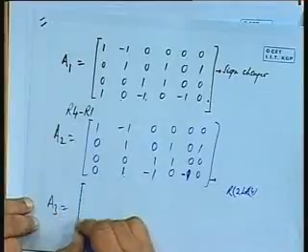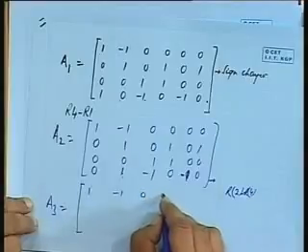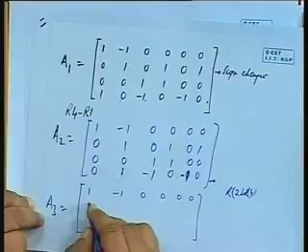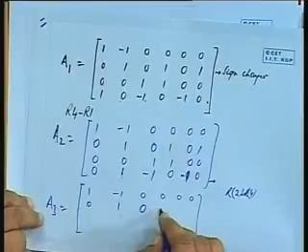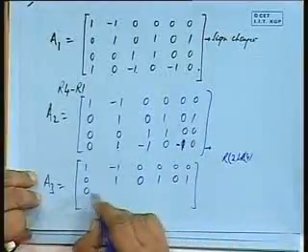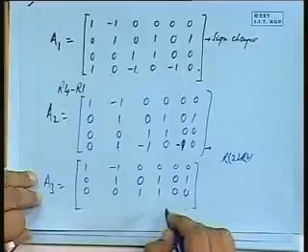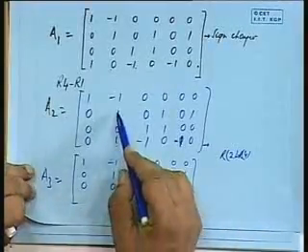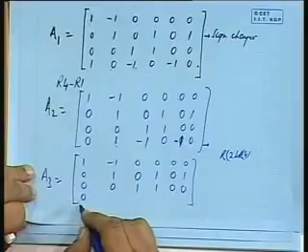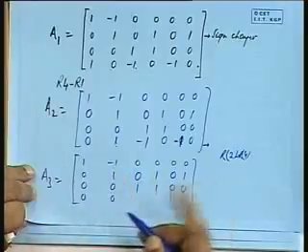A3: 1 minus 1 0 0 0 0, then 0 1 0 1 0 1, then 0 0 1 1 0 0, then 2 minus 4 will give me 0 0. Next, yes please.